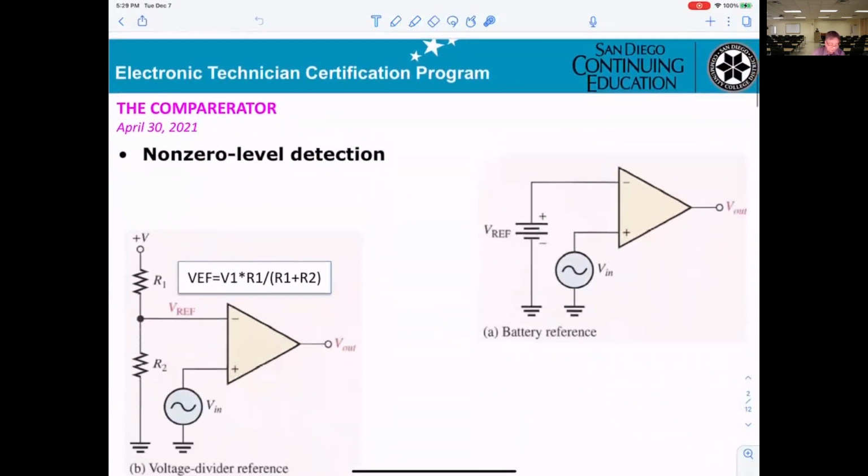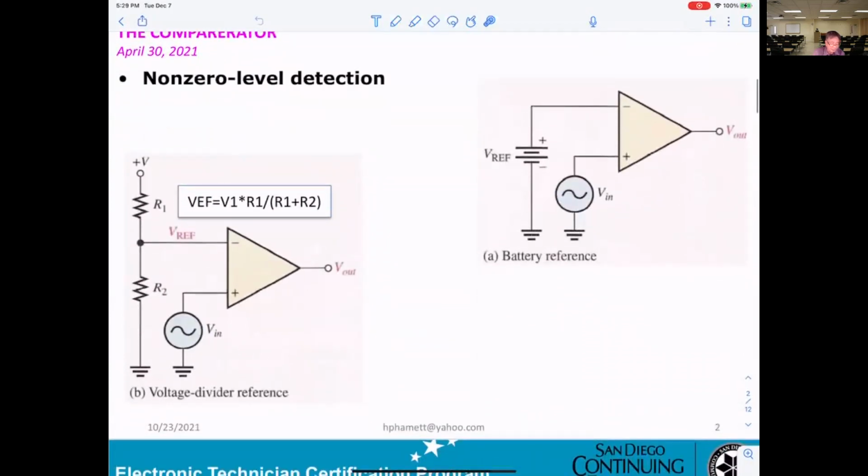And now, you can see here in this comparator, V in is connected to the positive, and the negative input is connected to the reference, V reference. Looking at the circuitry, V reference at this point is easy to calculate.